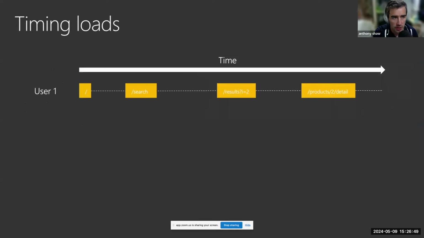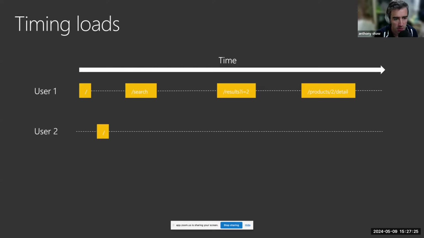Another really important consideration is that when you're designing load tests, you need to randomize the load put on the application, because users are random. They will read things, they will click at things, and they will take their time. So for example, if you were generating a real load for a load test, you could have a first user who went to the home page, waited for a few seconds, went to the search page, looked maybe at the second page, and then clicked on a specific product.